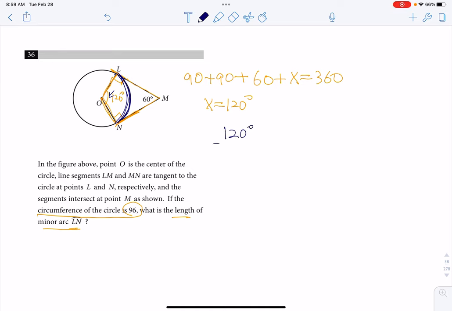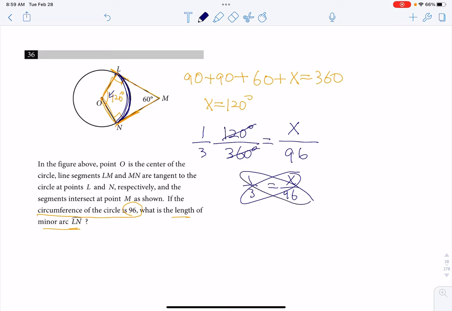So 120 degrees out of 360 degrees, the total circle, what is the length of the arc that represents 120 degrees, out of the total circumference of 96? If you simplify this one, it will be 1/3. So 1/3 equals x over 96. You cross multiply, so 3x equals 96. So x will be 96 divided by 3, which is 32. So the arc length of LN will be 32.